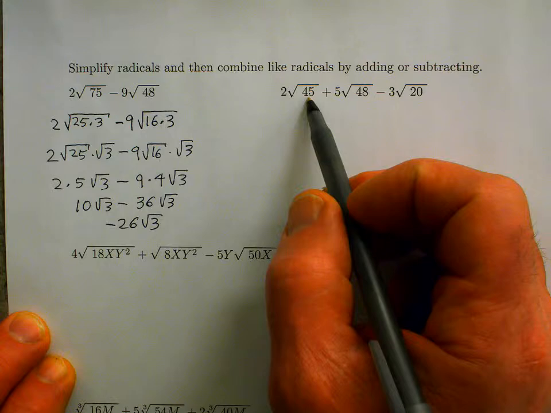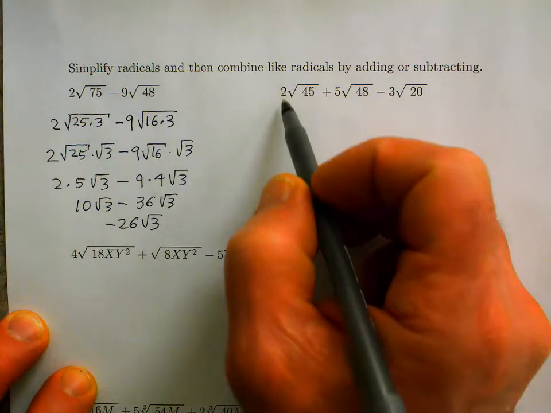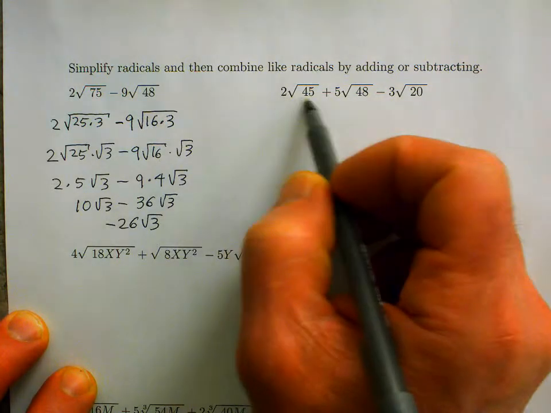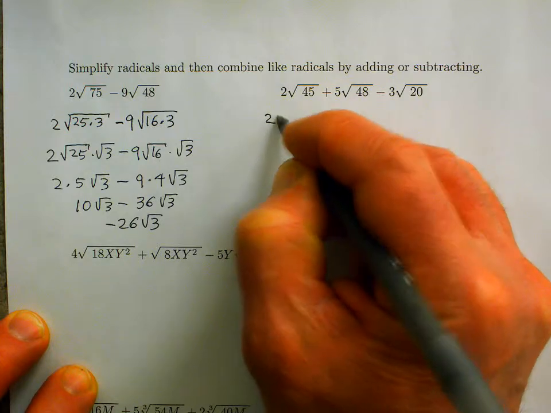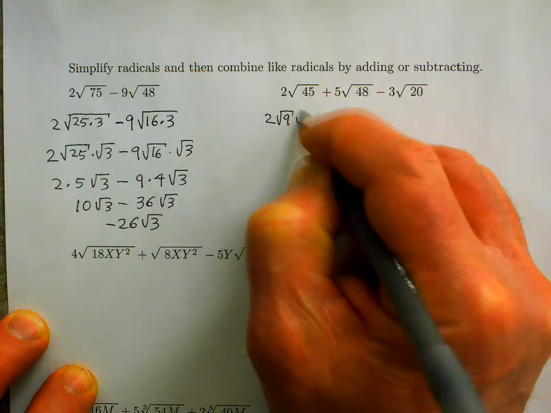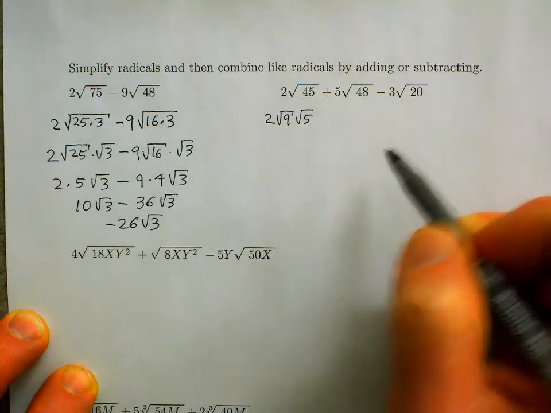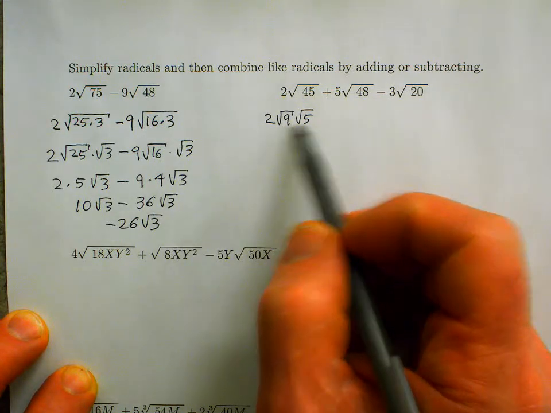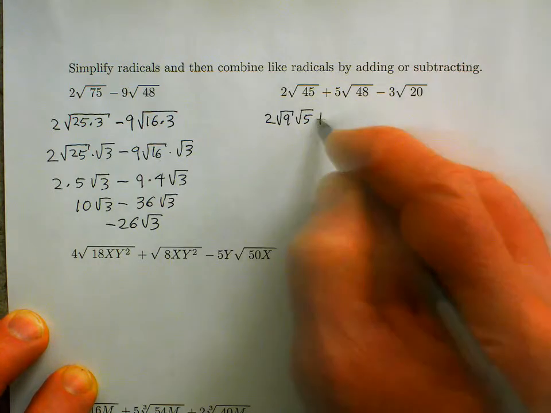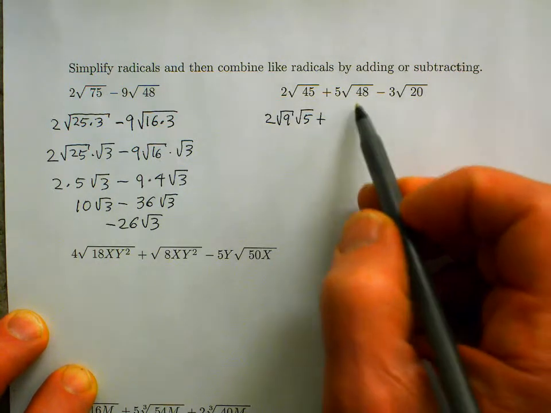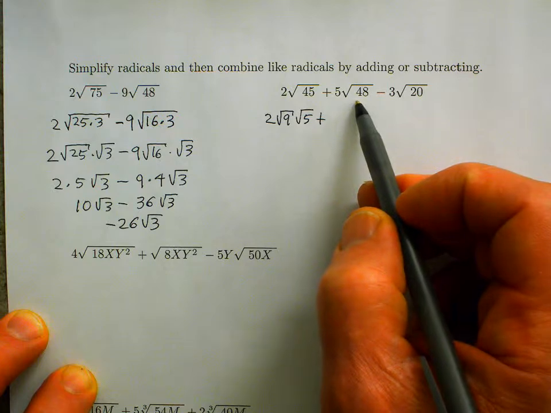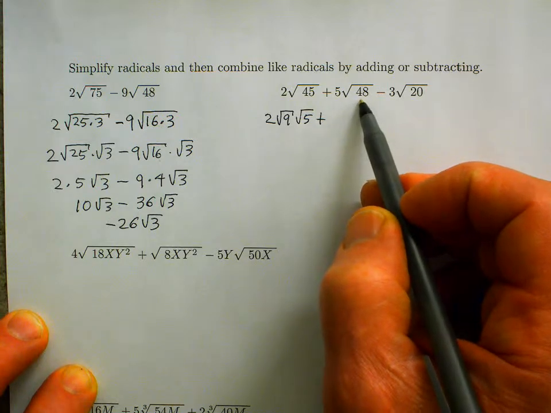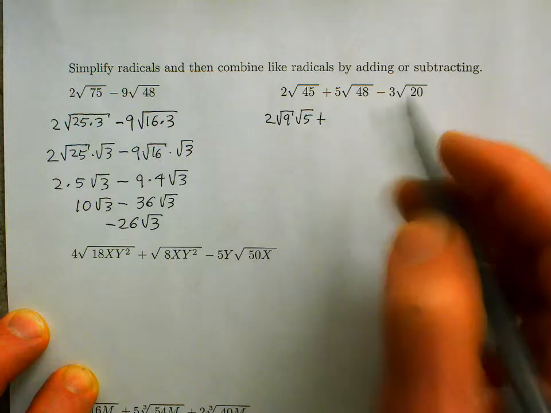9 times 5 is 45. So we will rewrite 2 times the square root of 45 as 2 times the square root of 9 times the square root of 5. And you can verify by multiplying that it's correct. 9 times 5 is 45. Then the next term has the square root of 48. The largest factor of 48 that's a perfect square is 16.